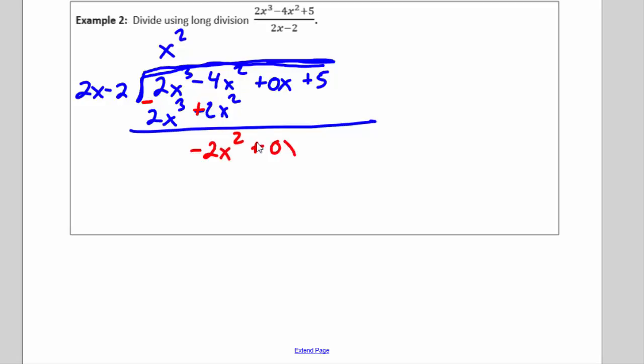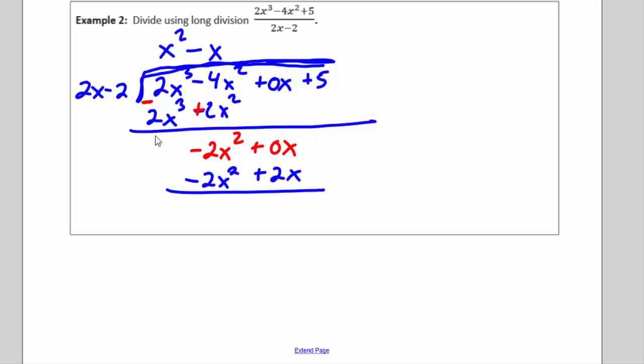Bring down the 0x. 2x divides into negative 2x squared, and that's going to give us negative x.